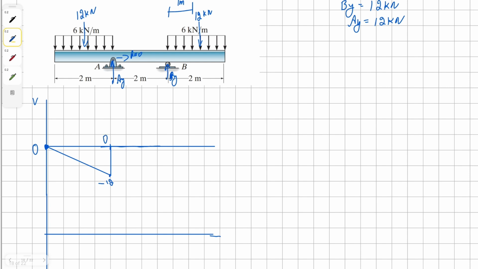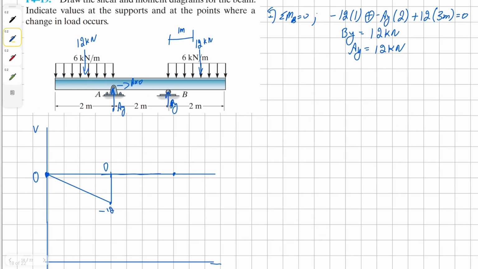And it's going to run along 0 shear till B, where B bumps it up to 12 kilonewtons. And from 12, we simply come down with a first order curve to 0.